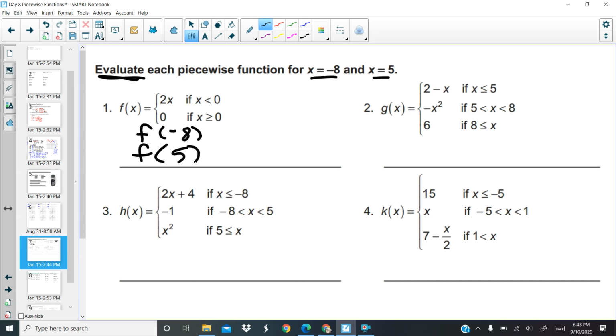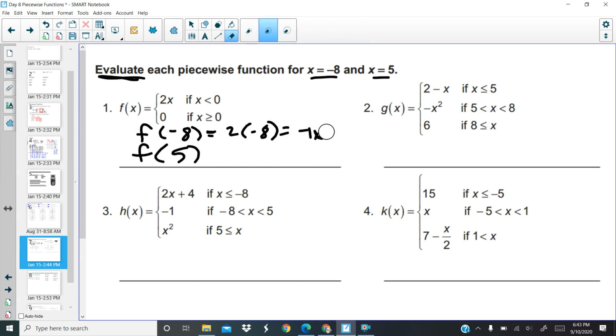Starting with -8, we're going to look at our intervals that it gives us. The first interval is less than 0. The second interval is greater than or equal to 0. So for the -8, we know that -8 is less than 0. So we're just going to do 2 times the -8, and we should get -16.